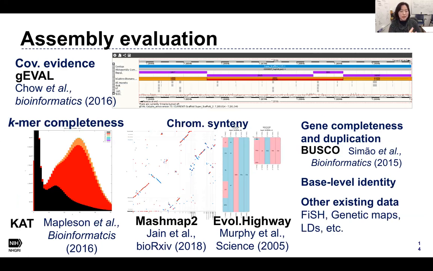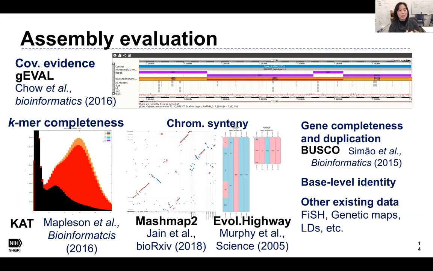Another approach is using k-mers to see whether we have the sequences completely captured. Similar to that, we also use the BUSCO stats, which is a set of genes that are known to be universally, orthologously maintained as a single copy in a genome.